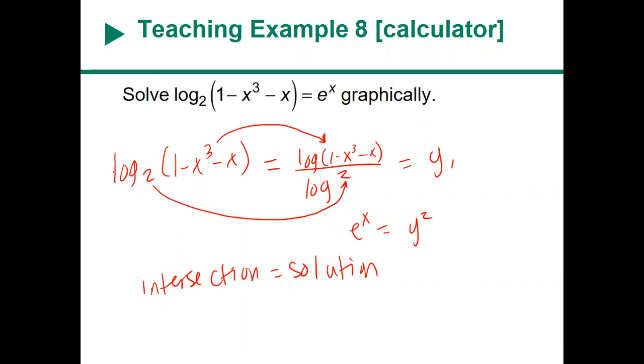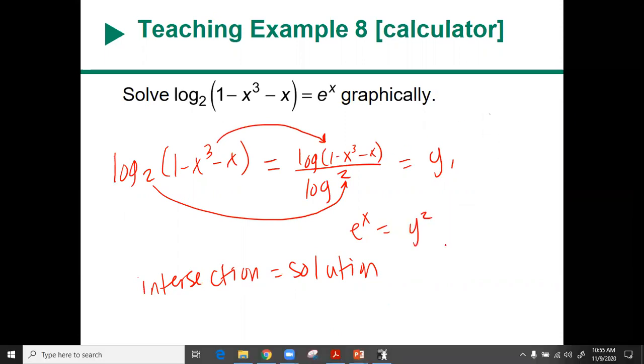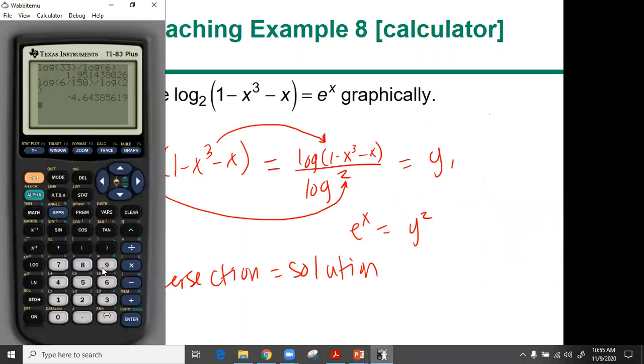Okay, so let's put it in the calculator. So I'm going to go to y1, and in y1, I'm putting all of that. So I have log of 1 minus x to the third minus x, close, divided by log 2.